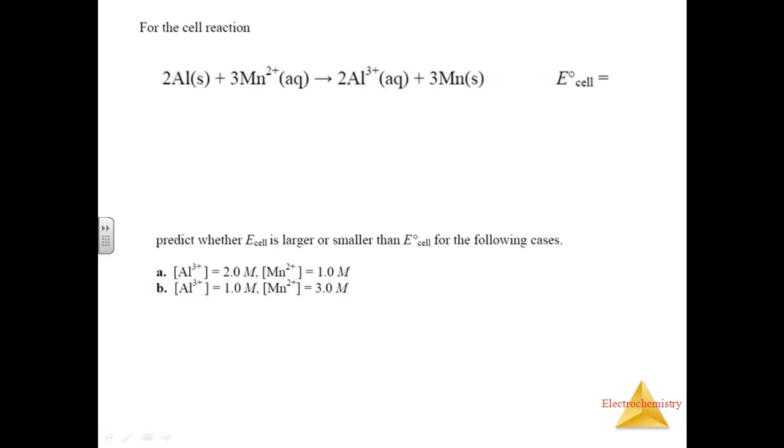Alright, so here we have a reaction. We have a cell with aluminum and manganese, and they are undergoing oxidation and reduction. It tells us that the aluminum is going from aluminum to aluminum plus 3, and the manganese is going from plus 2 to 0. So let's start with the manganese. I have 3 manganese 2 plus, becoming 3 manganese 0, so I must be gaining 6 electrons here.